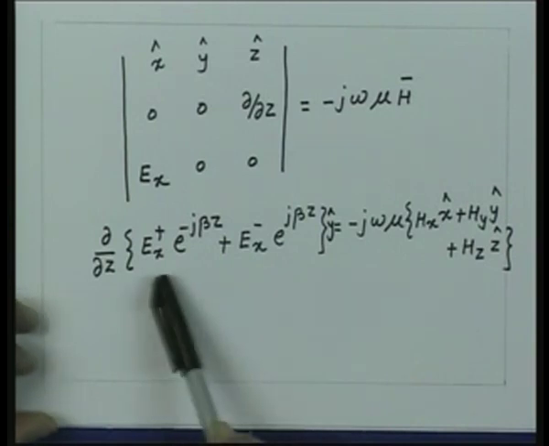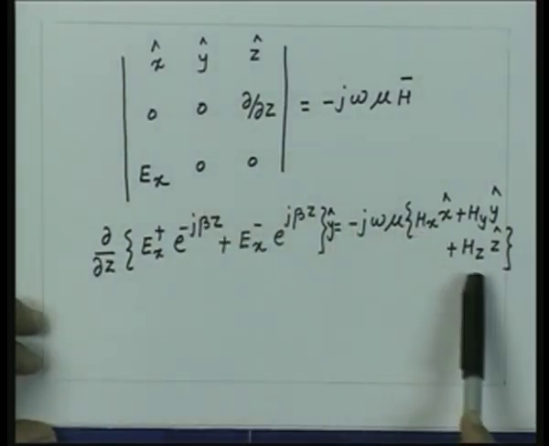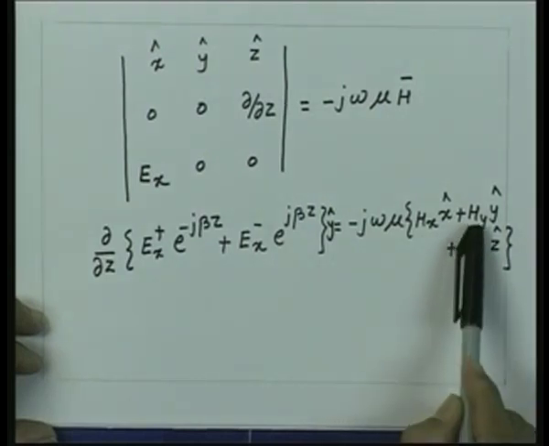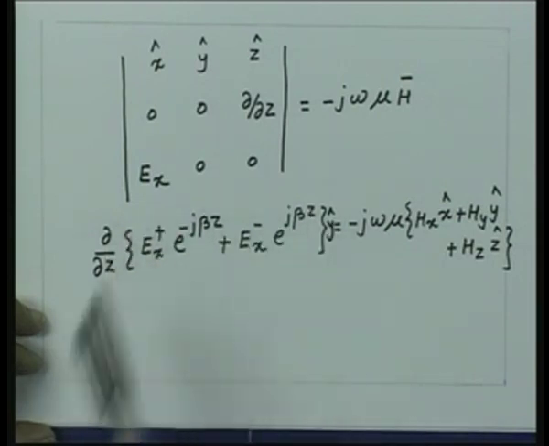So, as we have seen earlier, the Hx in this case is 0, the Hz is 0, and essentially the y component is given by d by dz of this quantity.